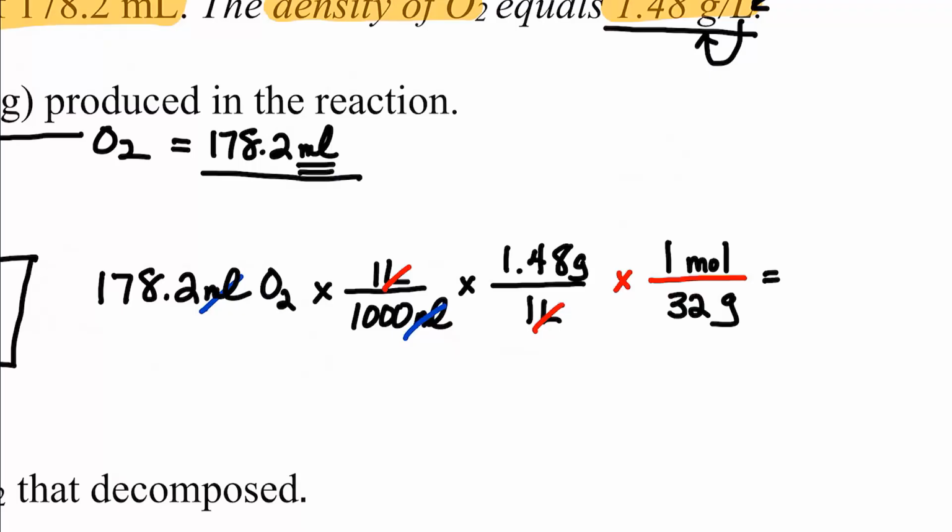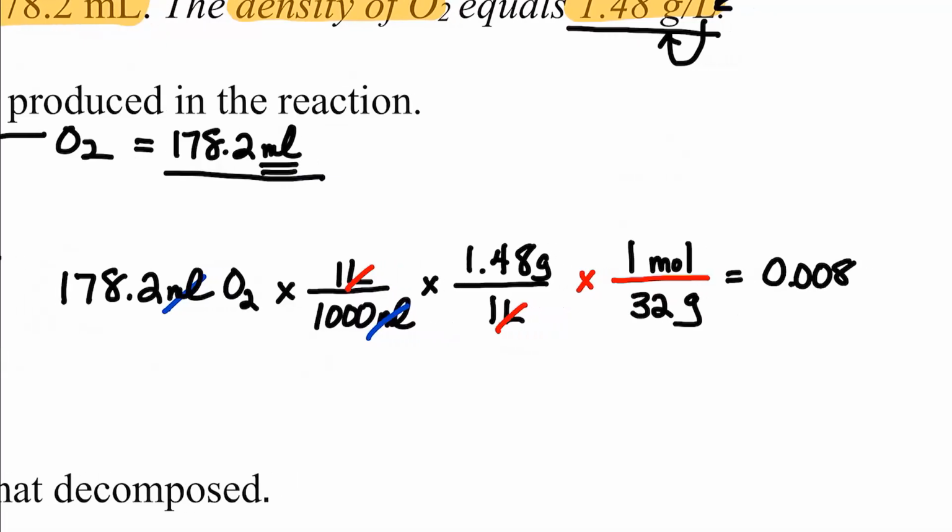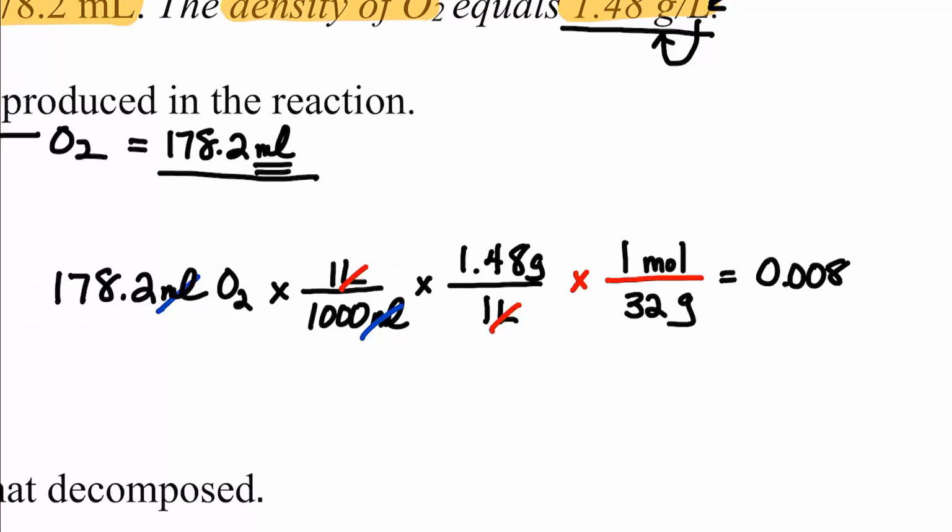So I got 178.2 dividing by 1,000. I have to be in liters here to use my density, which is in liters. And then I'm going to times that by 1.48 and then divide that by 32. And I get 0.00824.